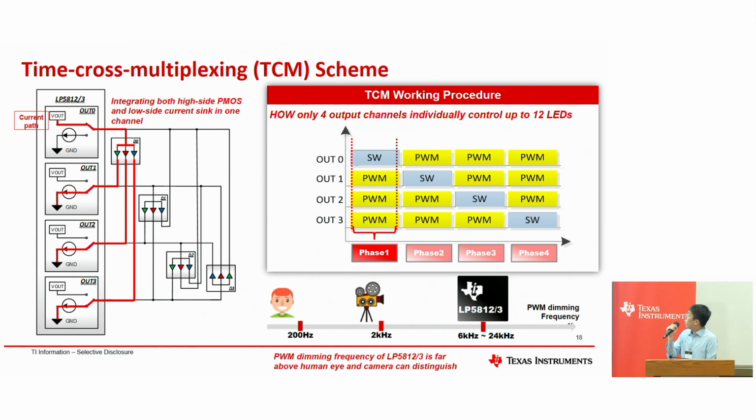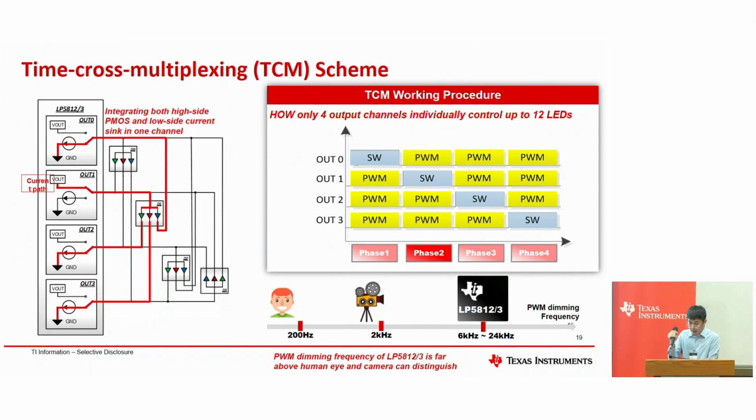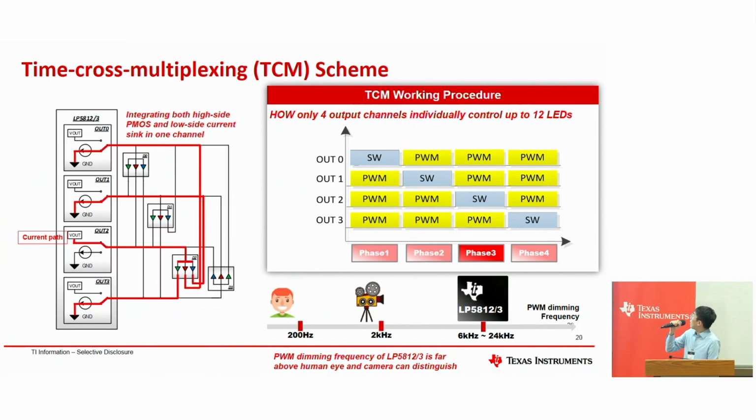So at phase 1, we are using this output to light up the D0 RGB LED dot. Same story at phase 2: we will pull down L0 to the current sink, while we pull up L1. So it is also constantly switching through phase 3 and phase 4.